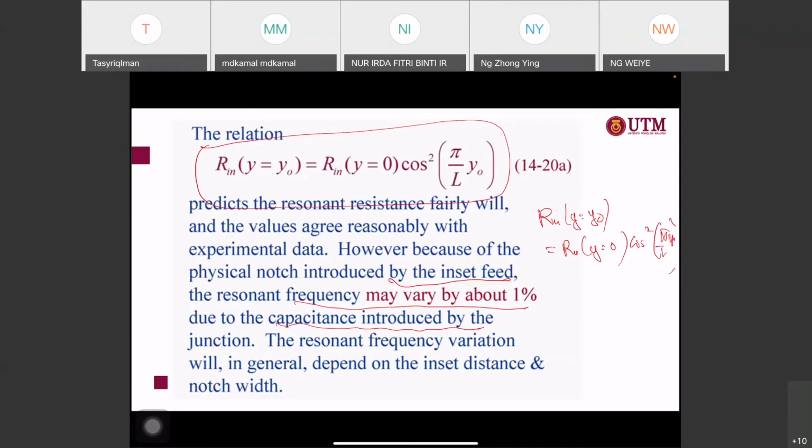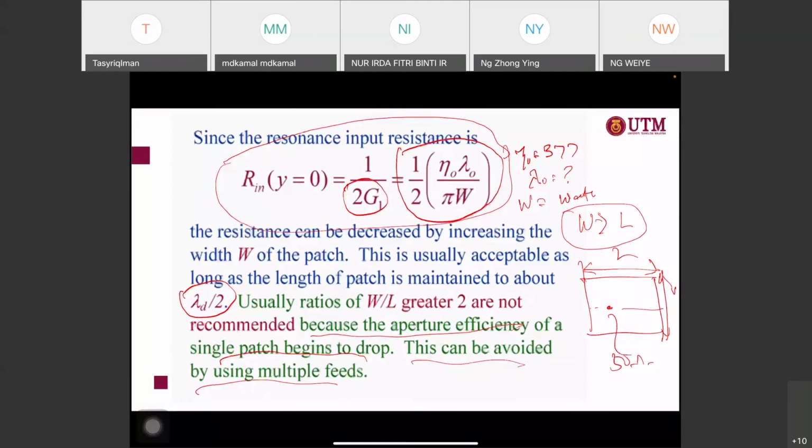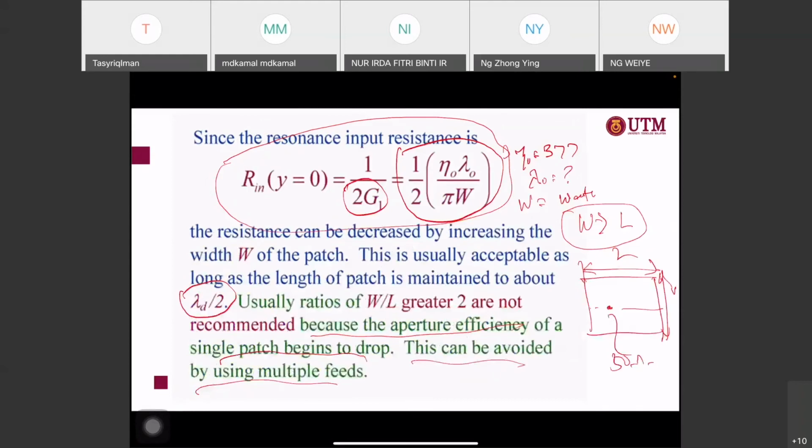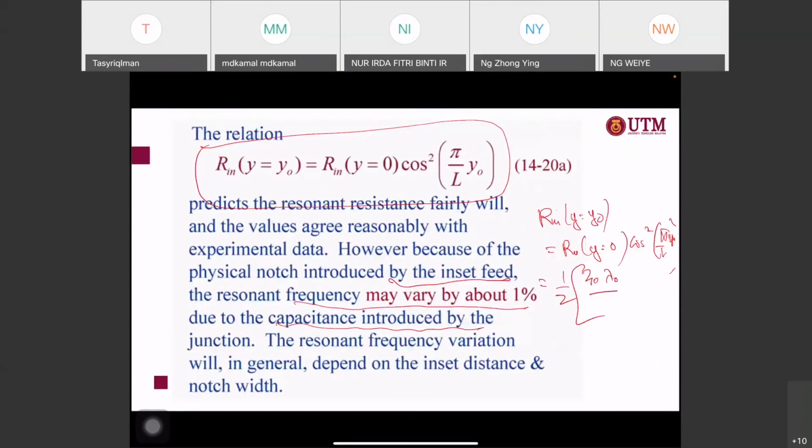So for R in here, you can use 1 over 2 zeta, where zeta is zeta naught lambda naught over pi W. This one you want to find at the edge here, and cos of pi Y naught over L. So you want to find what your Y naught is here. The position shows that this is the matching point, so that you can match with your 50 ohms here. Okay, so this is very important to know.